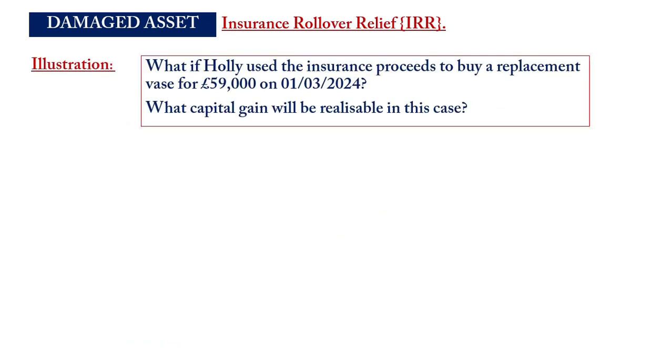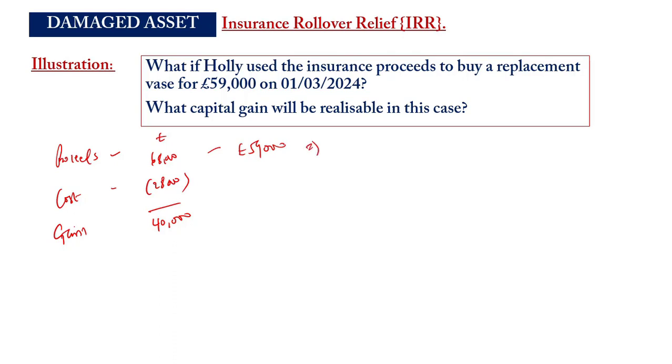So the proceeds that we had was 68,000 and the cost is 28,000. So the gain that we had was 40,000. Now of this 68,000, we are being told that only £59,000 was reinvested. It means that the amount that was not reinvested will be £9,000.